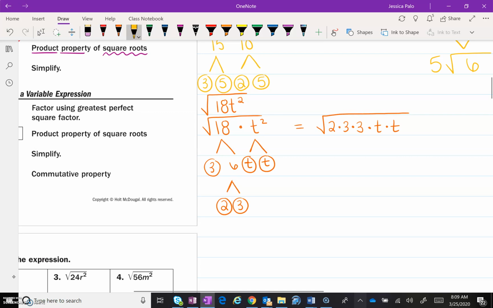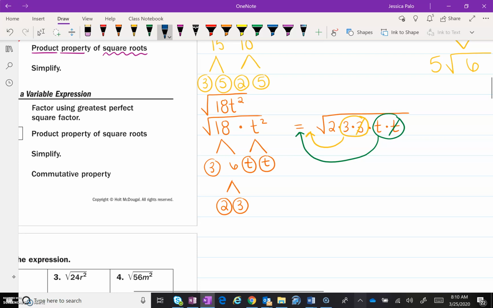So who do we have as a pair here? We have a pair of 3's and a pair of t's. So what do we do? Cross out a 3, bring one outside the radical. Cross out a t, bring the other one outside the radical.